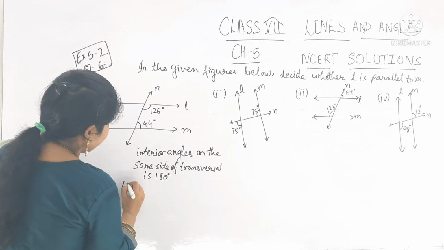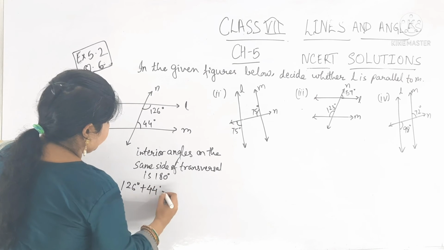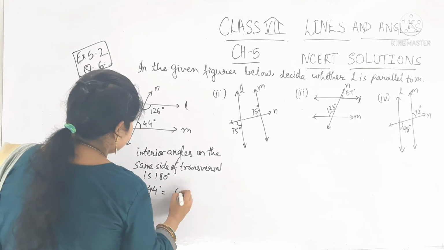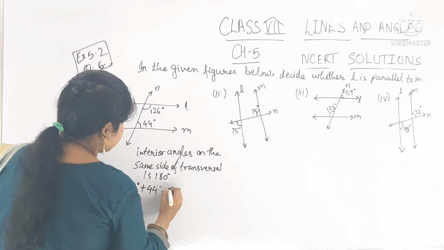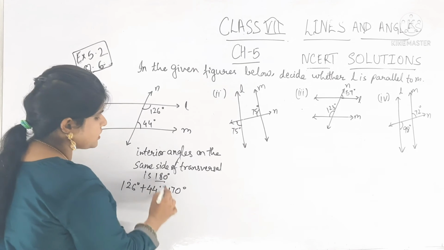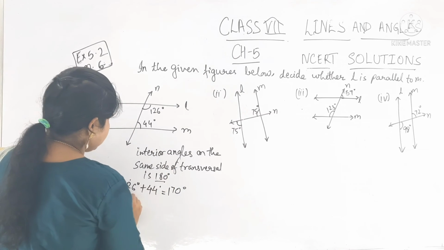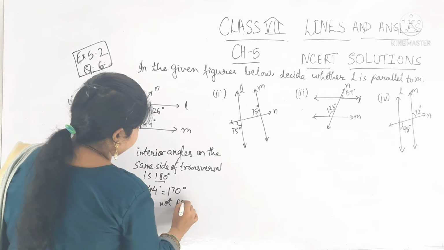You have to sum them. 6 plus 4 is 10, 4, 5, 6, 7, and it is 170 degrees. I am getting 170 degrees here, so I am not getting 180 degrees. Therefore, L is not parallel to M.